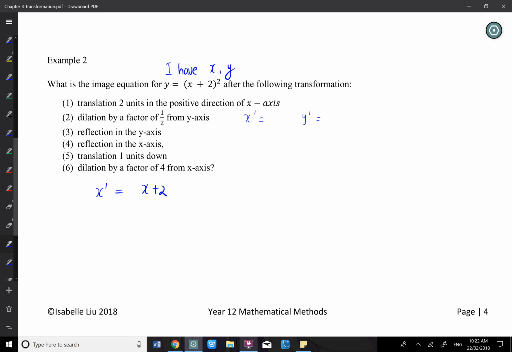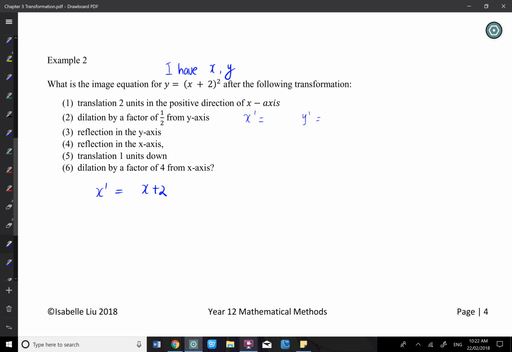Second is dilation by a factor of a half from the y-axis. Tell me whether it's changing x or changing y. Changing x. If it's changing x, it still happens on the same line here. I'm not going to write it separately. What I'll do is keep writing this down.